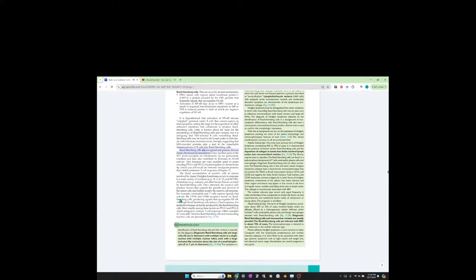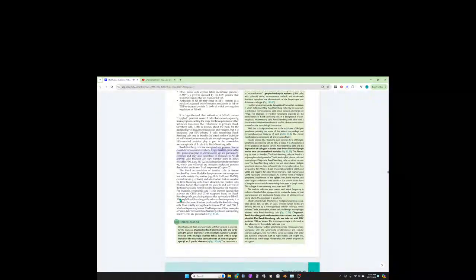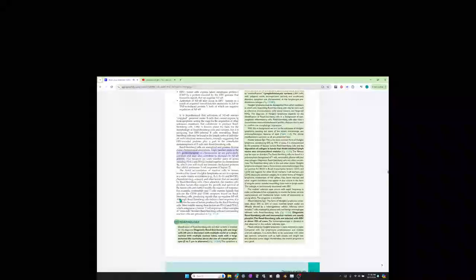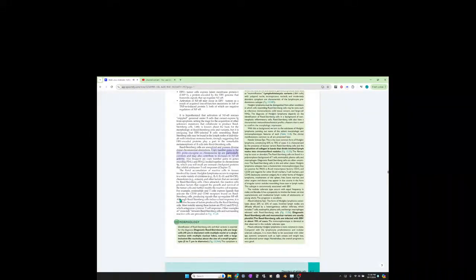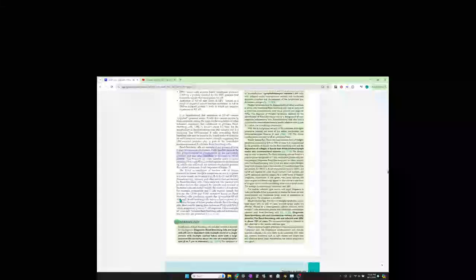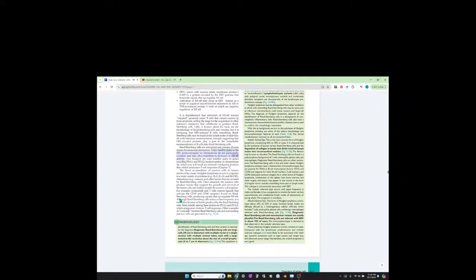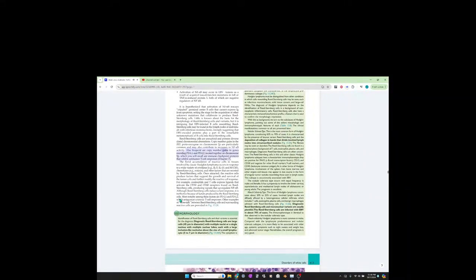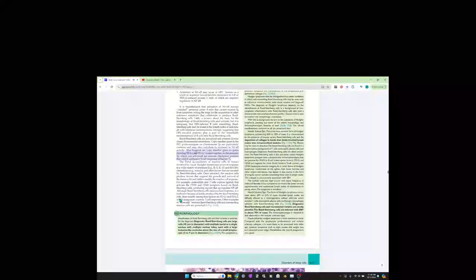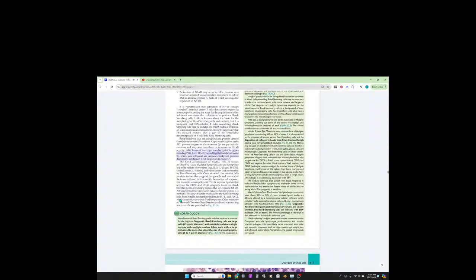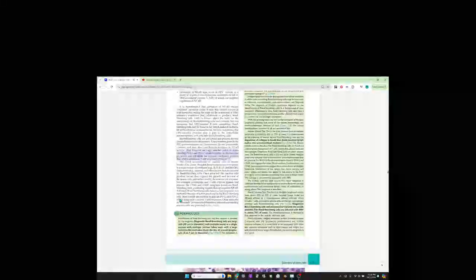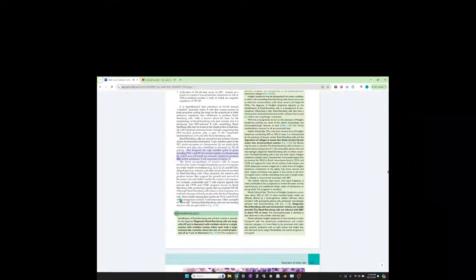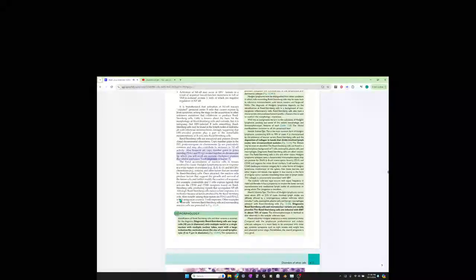Reed-Sternberg cells are aneuploid and possess diverse clonal chromosomal aberrations. Copy number gains in the REL proto-oncogene on chromosome 2p are particularly common and may also contribute to increases in NF-kappa B activity. Also frequent are copy number gains in genes encoding PDL1 and PDL2, located together on chromosome 9p, which you will recall are immune checkpoint proteins that inhibit anti-tumor T-cell responses.